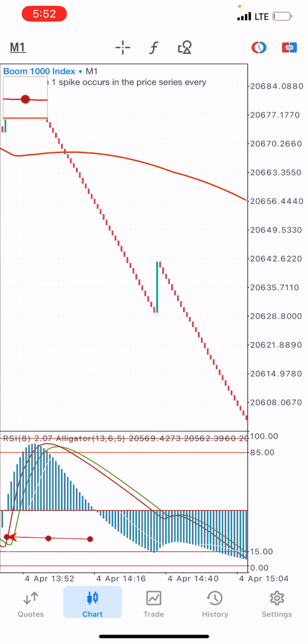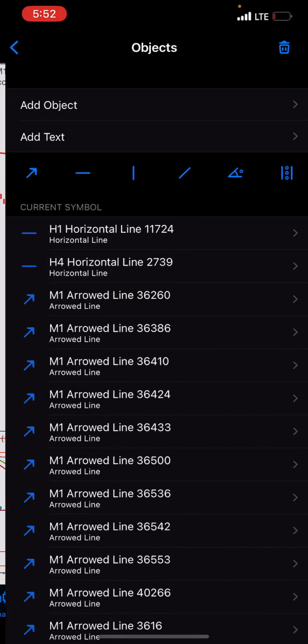You wait for it to push up into the 85 zone as well, to the level 85. Once it gets into the level 85, you are waiting for the red indicator to cross the green indicator downward. As it's crossing the green indicator, you are shorting from there, you're selling from that level.